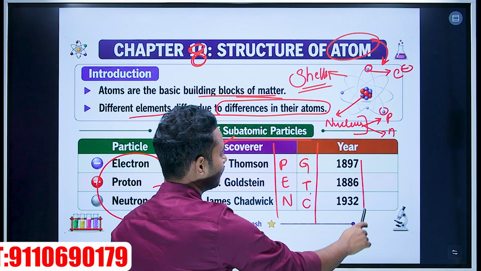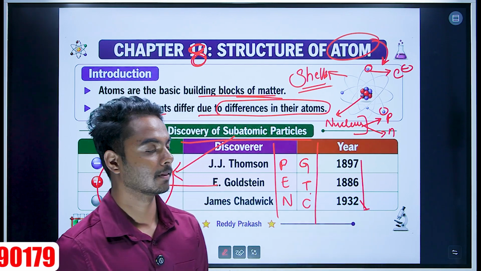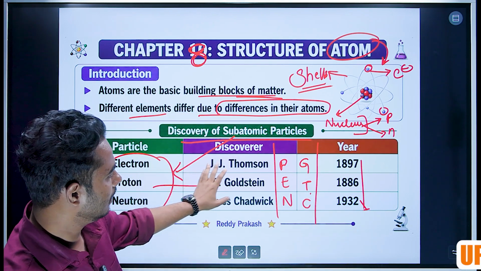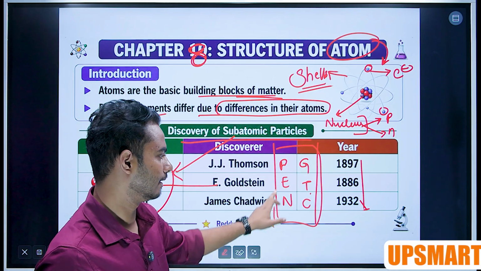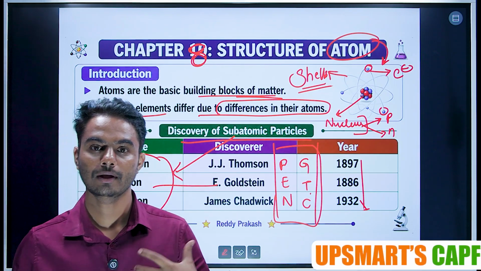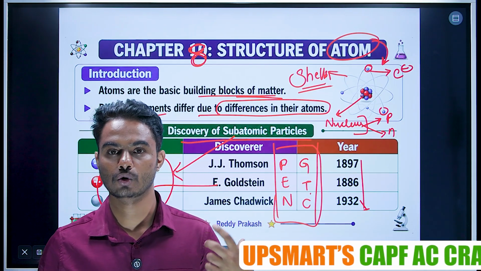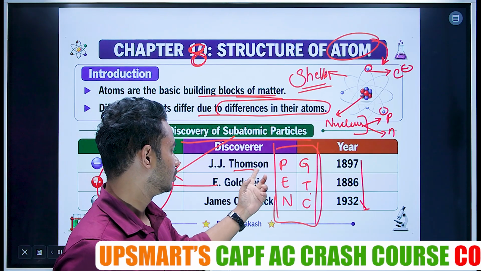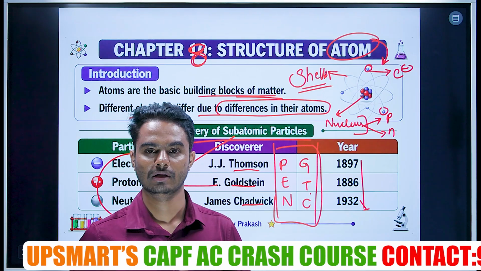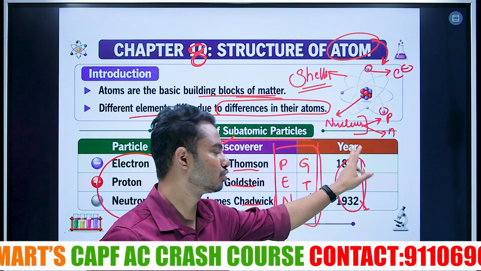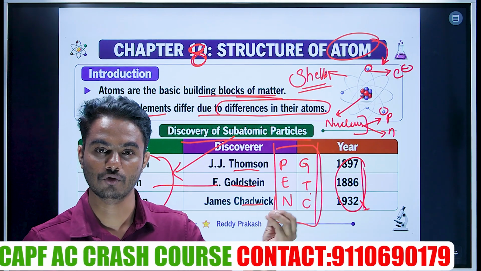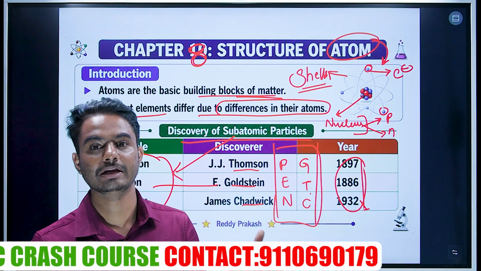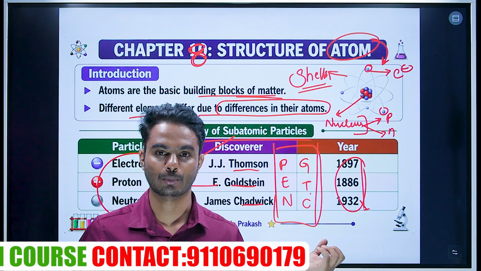And the year of discovery is also in chronology. So copy this. PEN means proton, electron, neutron. GTC means Goldstein, Thomson, Chadwick. The full names are not essential. Thomson, Goldstein and Chadwick is enough. And the years are also not so essential. It can be asked in a few exams, but in UPSC it's not so important.